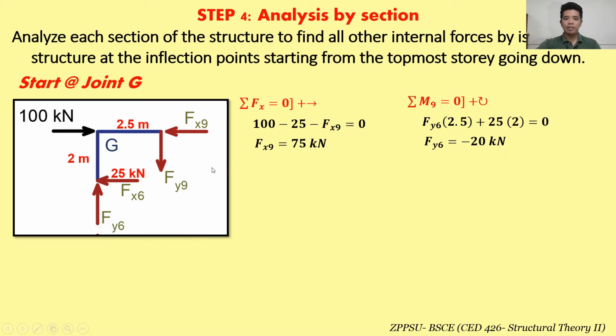So Fy6 is equal to negative 20 kilonewtons. And lastly, let's sum up forces along vertical axis. All going up are positive. So Fy6, ito, minus going down, Fy9 is equal to 0. So Fy9 is equal to negative 20 kilonewtons.